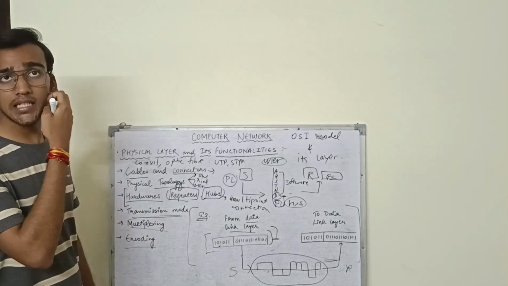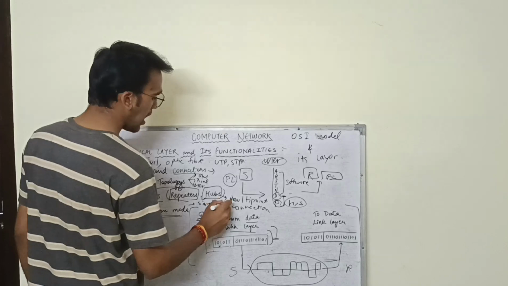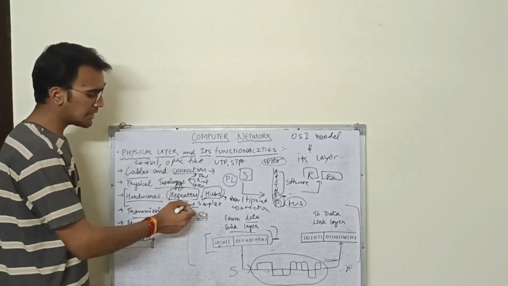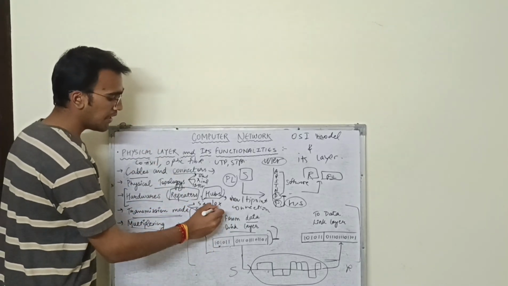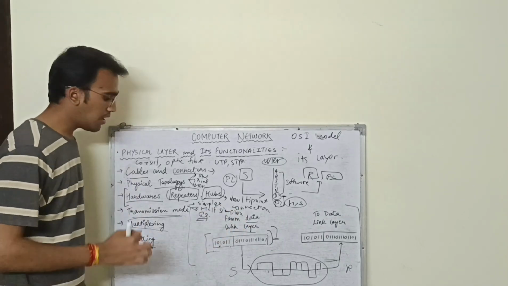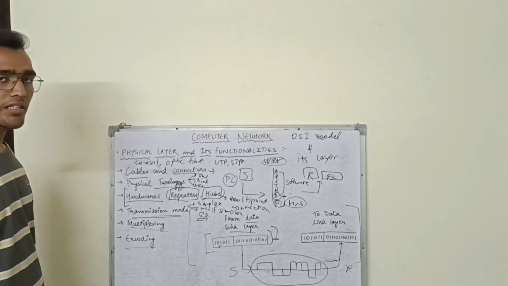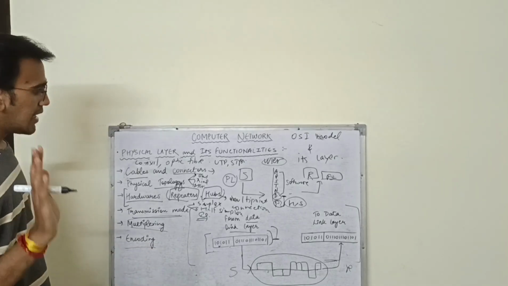The transmitting modes are what you read about as simplex. I will also discuss simplex and half duplex in detail in the upcoming videos. It uses simplex and half duplex methods.